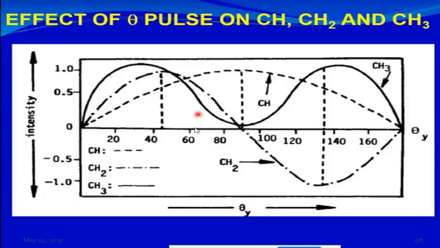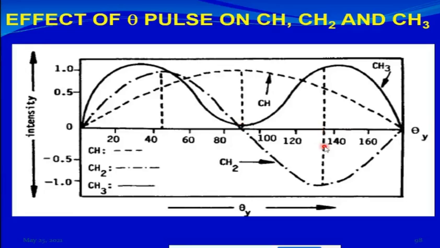In a DEPT experiment, if the amplitude of this wave is zero at a particular point, it means no signal. So you can see that the wave for the CH3 has zero amplitude at 90-degree, and the wave for the CH2 has zero amplitude at 90-degree. Only the CH has a positive amplitude, higher than zero, which means that in a DEPT 90 experiment, or in a DEPT 90 spectrum, you will only see signals for CH. You will not see any CH2 or CH3, right?